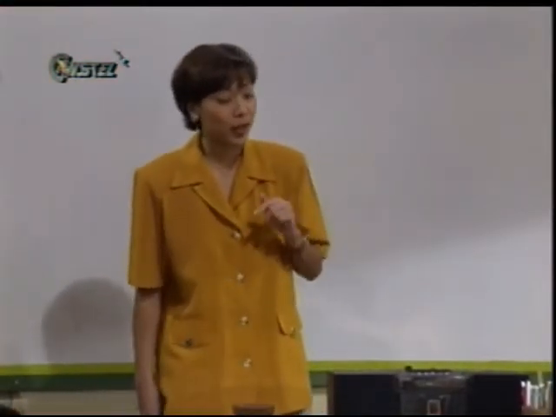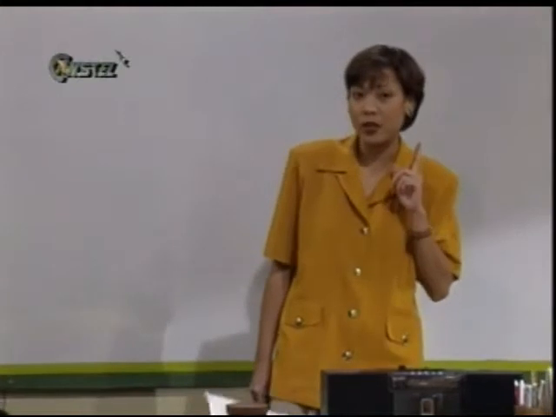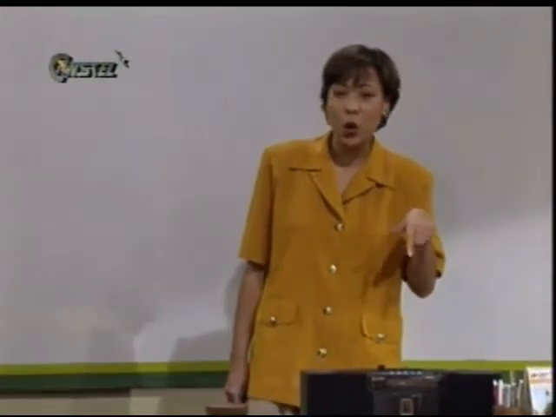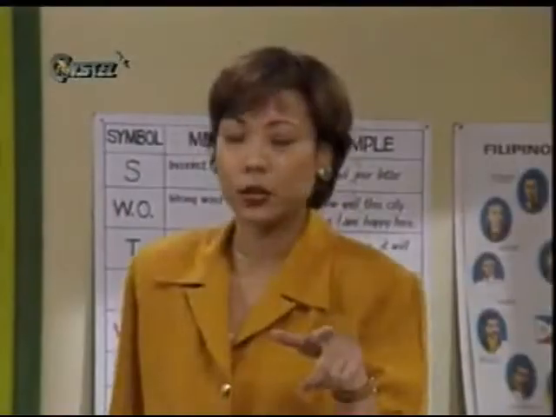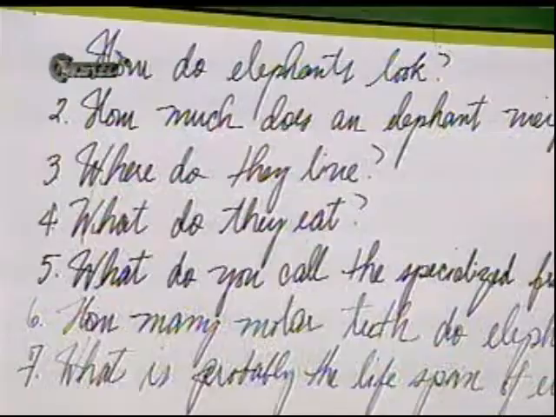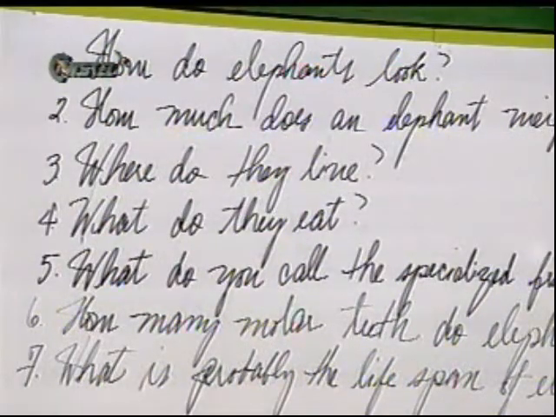You have just seen how the skills of listening, speaking, and reading are integrated with writing in a continuous and related sequence. Let us have a recap of the activities just presented to you with the corresponding skills practiced. First, the teacher introduced the topic animals to the students by asking them to listen to animal sounds. Then, she asked them some prepared questions to elicit what they knew about elephants.